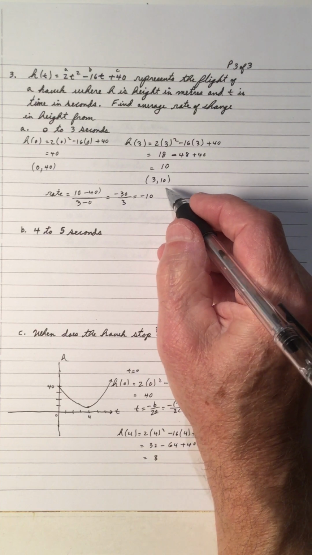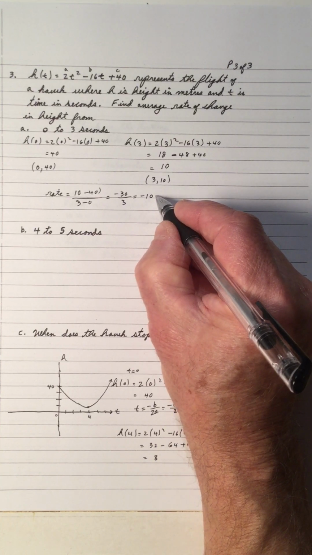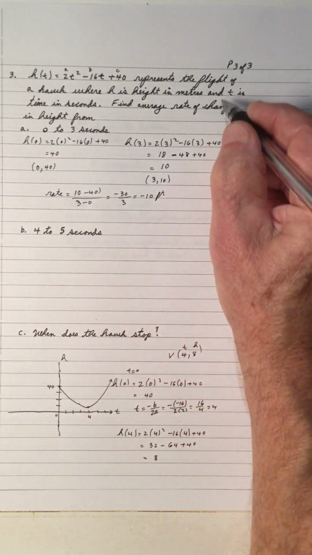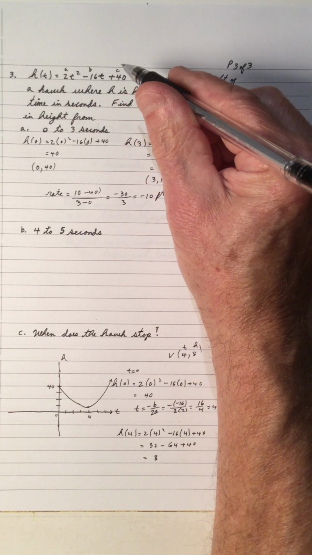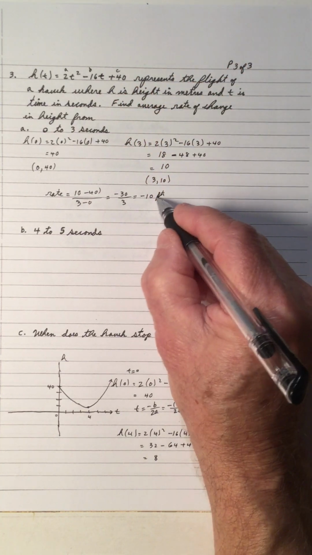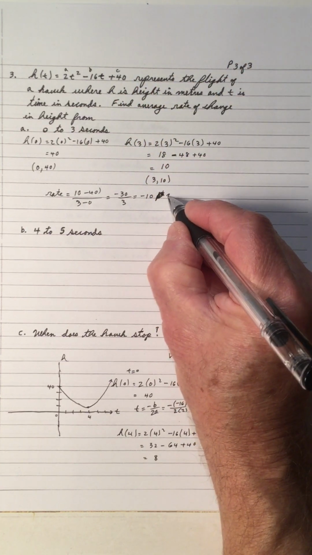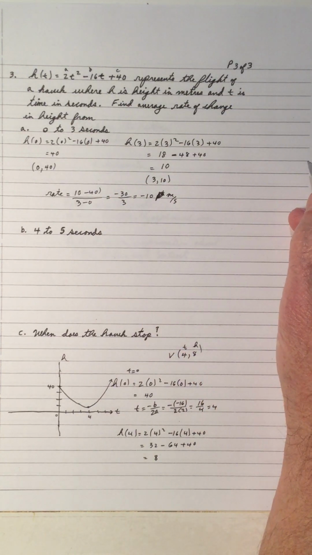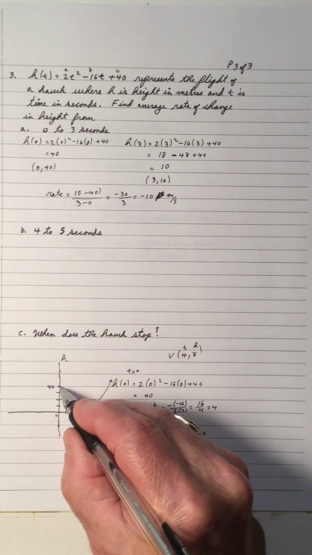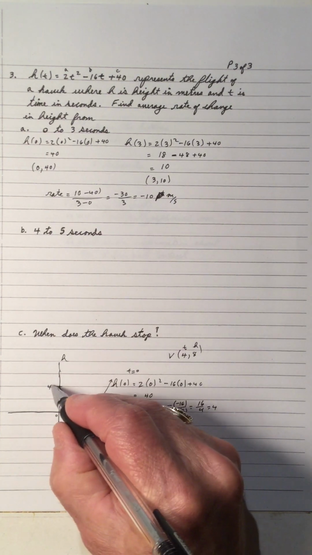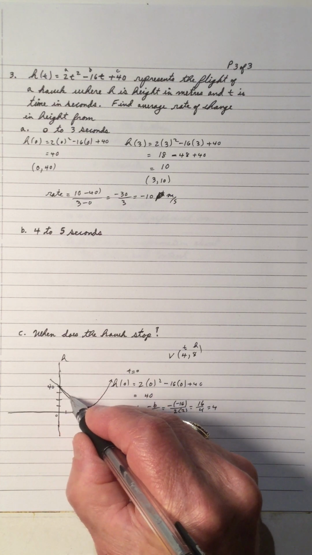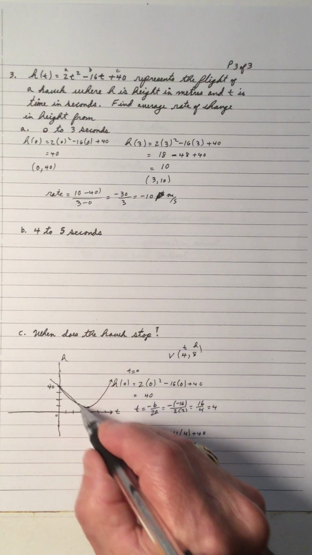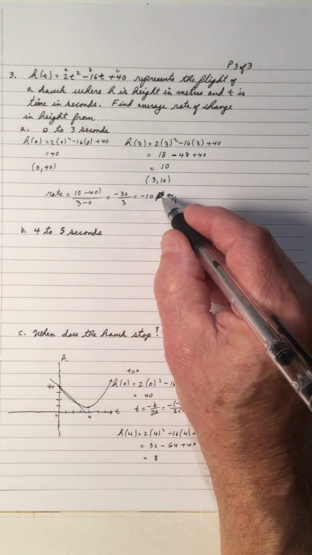And that's the height, so that's in feet. Let's see, my mistake. The height is in meters, and the time is in seconds. So that's how fast. So we're leaving here at 0, going to 3. So this is the slope of this secant cutting through here, negative 10.